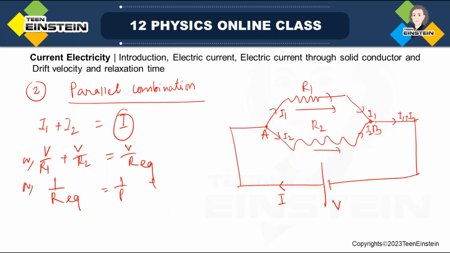This formula you might have seen in the case of capacitors. Anyway, you can see here the current is getting divided. So this parallel circuit is actually called a current divider circuit.